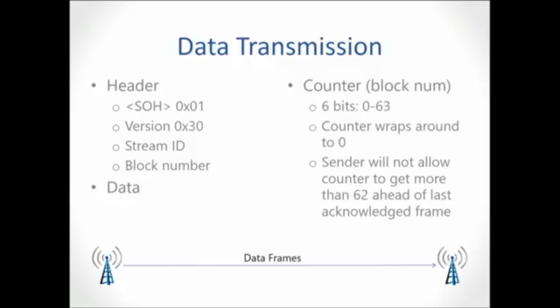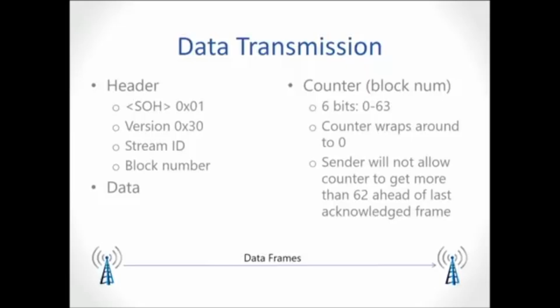And so what we did was we took standard Bitcoin protocol messages, broke them up, included the headers, and just wrapped them into the payload portion of the frames. So during the data transmission process, both the sender and the receiver maintain a 6-bit counter, the frame count.